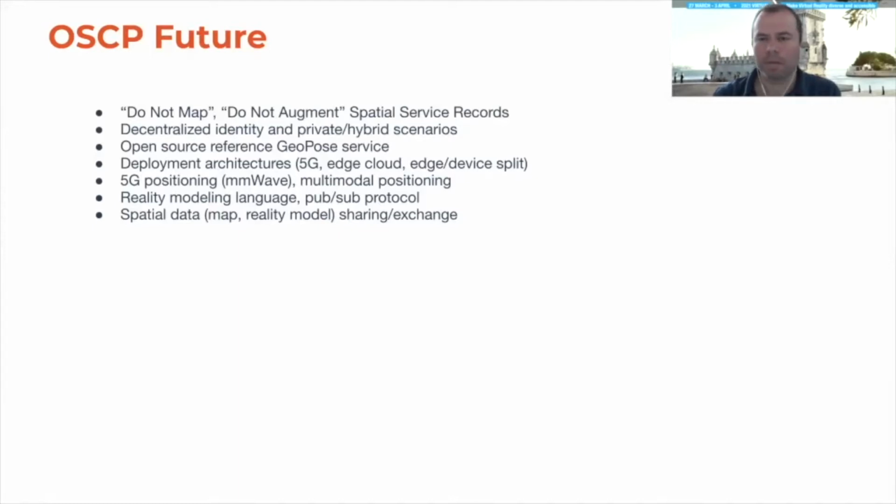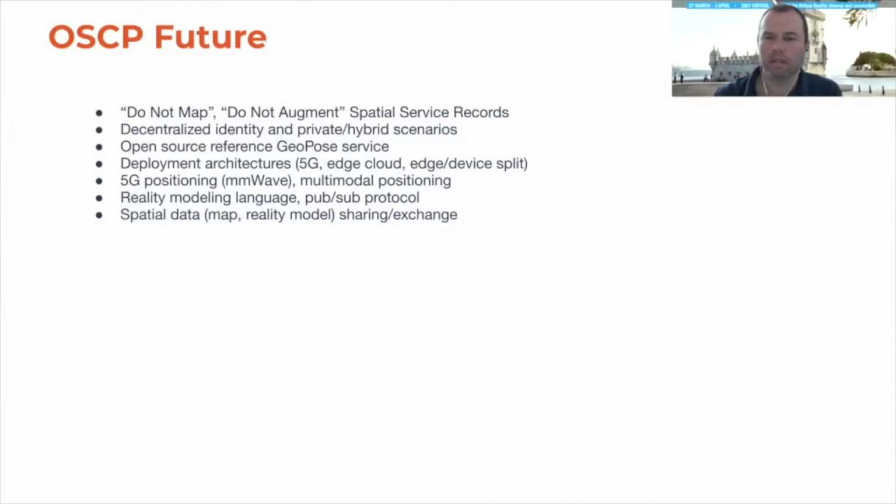Very important aspect is the deployment topologies of these various components, how they fit into a 5G world, an edge cloud world, how distributed that particular edge cloud is, how close it is to the end devices, as well as moving functions between end device and edge cloud.